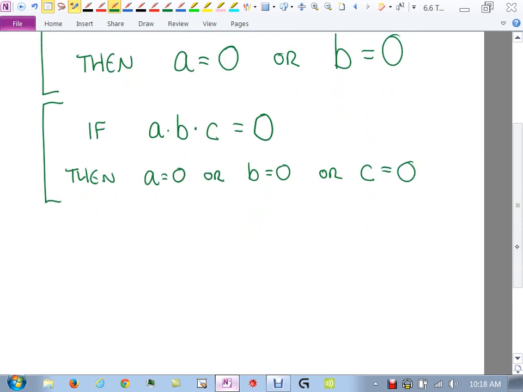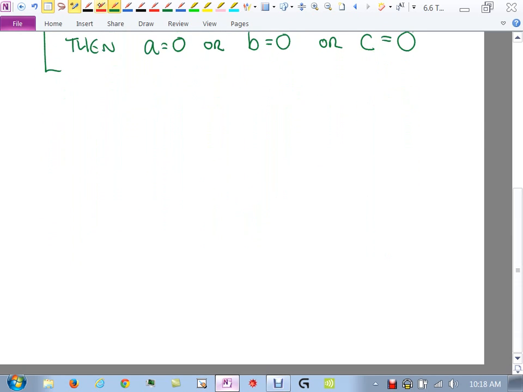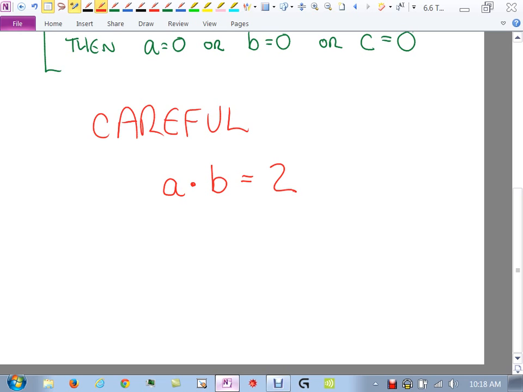All right, now I'm going to do this in red. Careful. If I say A times B equals 2, does this mean that A has to be 2 or B has to be 2? What do you think? If two things multiply to be 2, do one of them have to be 2?